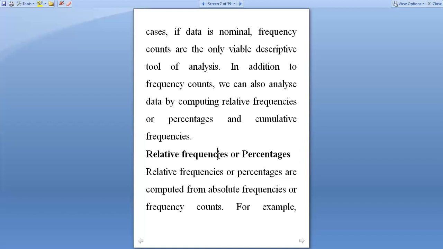Let's go to percentages. Percentages are also called relative frequencies. We get them from frequency counts. That means the answers for the questions are the same for frequency counts and for percentages.